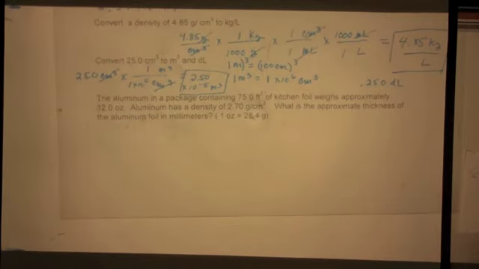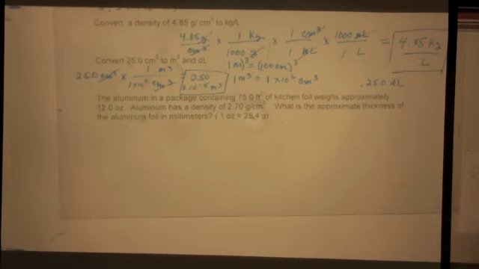Let's just read it together here. The aluminum in a package contains 75 square feet of kitchen foil, weighs approximately 12 ounces. Aluminum has a density of 2.70 grams per cubic centimeter. I'm sure you remember that. What is the approximate thickness of the foil in millimeters?